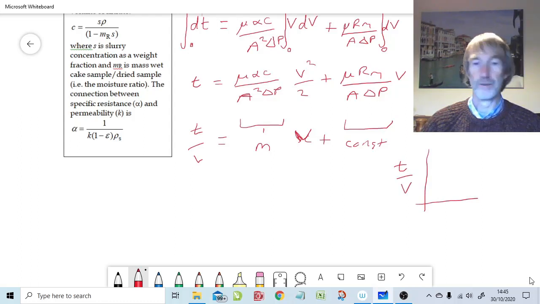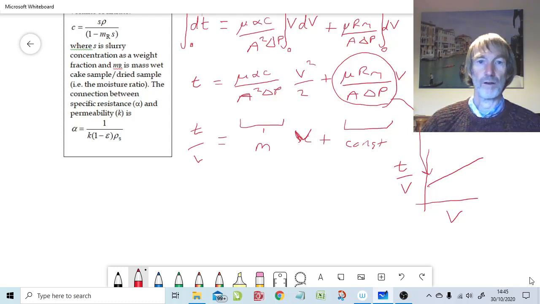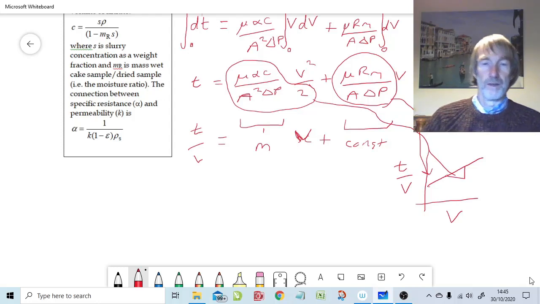Don't forget we've done that integration against volume, and we get this straight line where this lot is the intercept and this lot, don't forget the 2 is part of the constant bit, is the gradient to that line. So that's how we classically use the laboratory data to get these values.